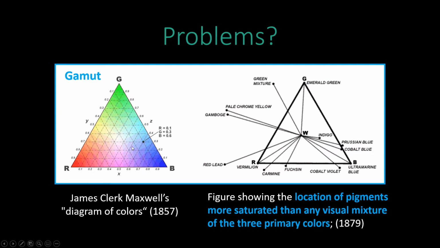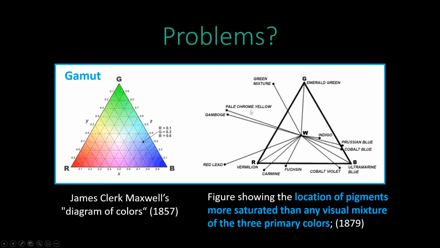The slight problem came when they discovered that there are some pigments which are way more saturated than anything that came from this diagram. They discovered that there are colors outside of the 3 colors they were using to mix. And so this is a bit of a problem.